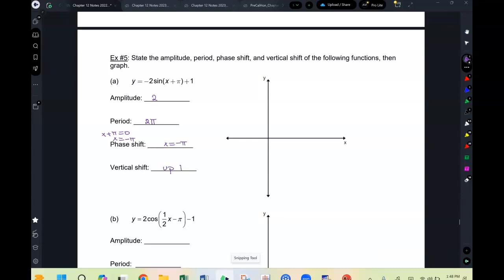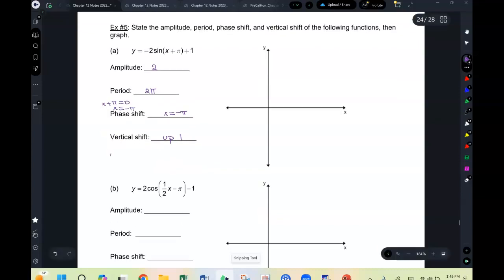Okay, fabulous. So let's see what our graphing region is going to be. We're going to go from 0 to 2 pi. So this is x plus pi, right? Subtract pi, we get negative pi to pi. Okay, good. So negative pi to pi.